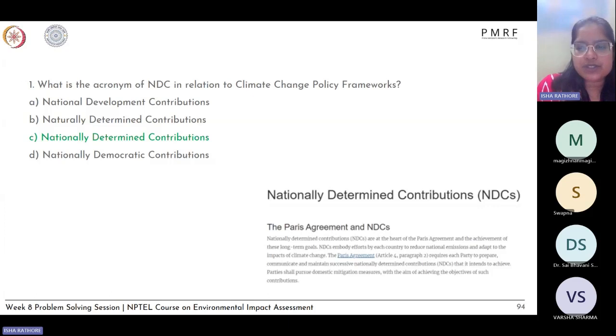These are contributions to reduce national greenhouse gas emissions from all of these different nations, and to reduce the impacts of climate change. Each nation has different nationally determined contributions. So for example, the US said that it will reduce 50% of its carbon emissions by a particular year. So that is a nationally determined contribution. So C is the correct answer.